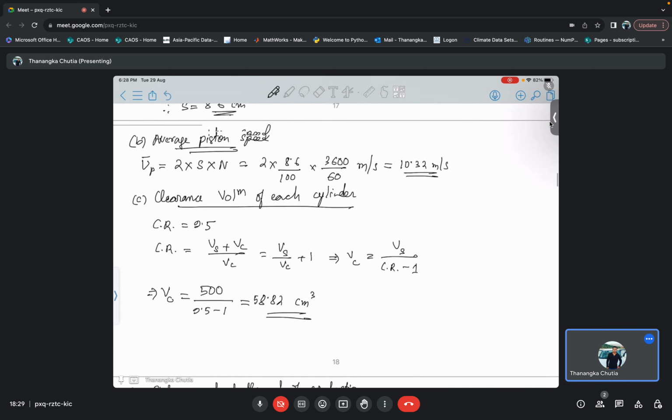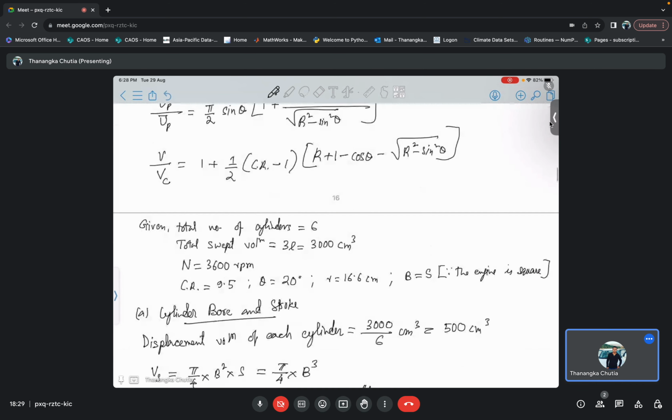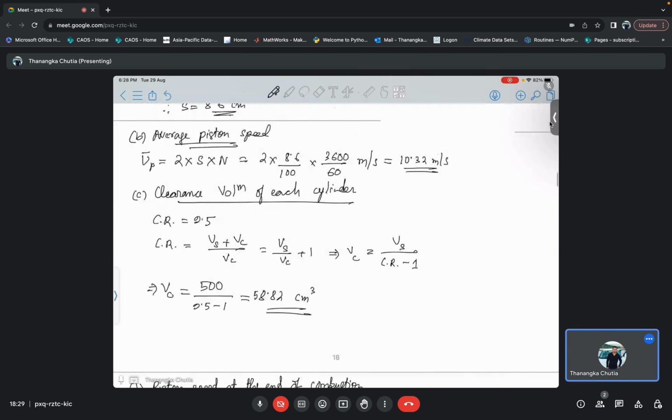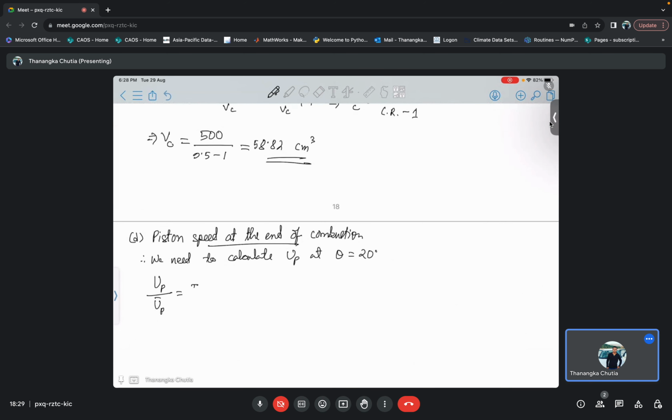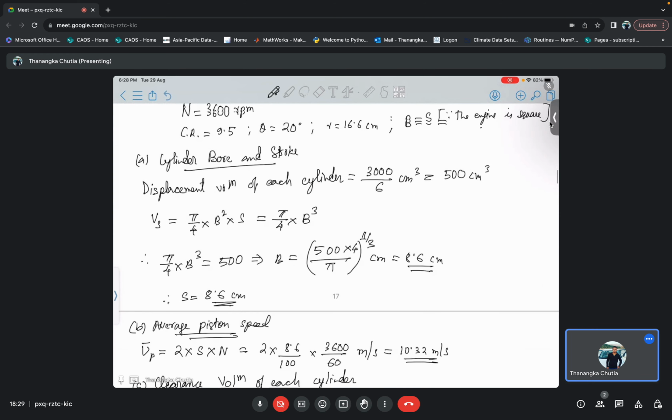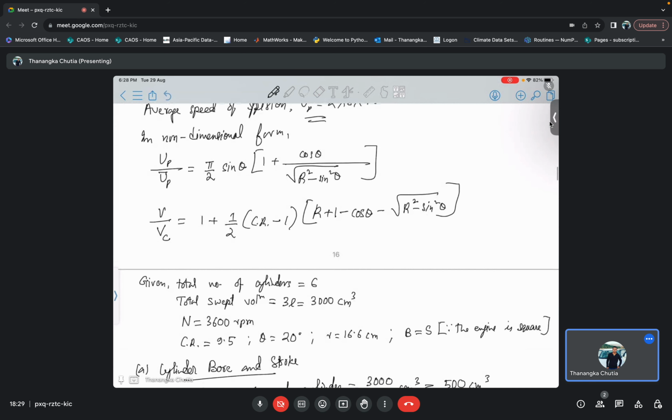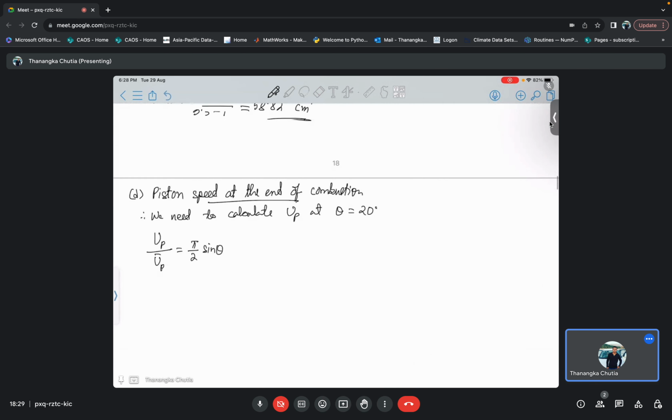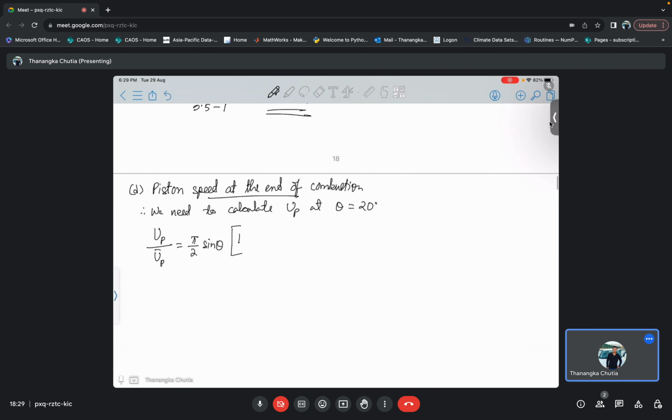That is equal to pi by 2 into sine theta, into 1 plus cos theta divided by root over R square minus sine square theta.